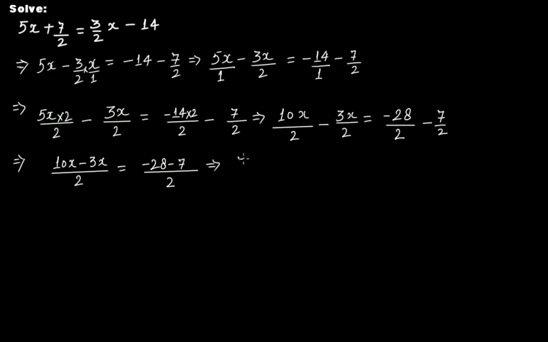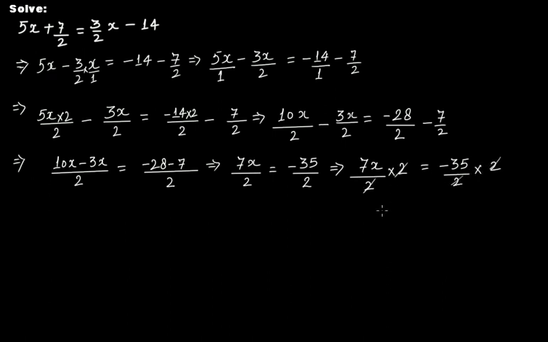This is 7x by 2 is equal to minus 35 by 2. Now multiplying both the sides by 2, this becomes 7x by 2 times 2, and this becomes minus 35 times 2. So this gets cancelled.